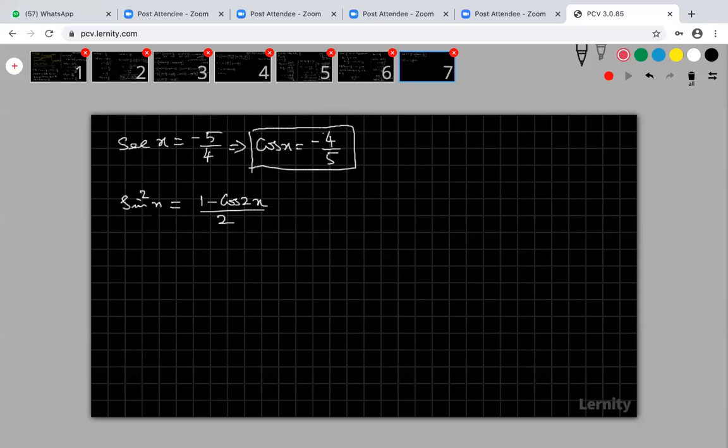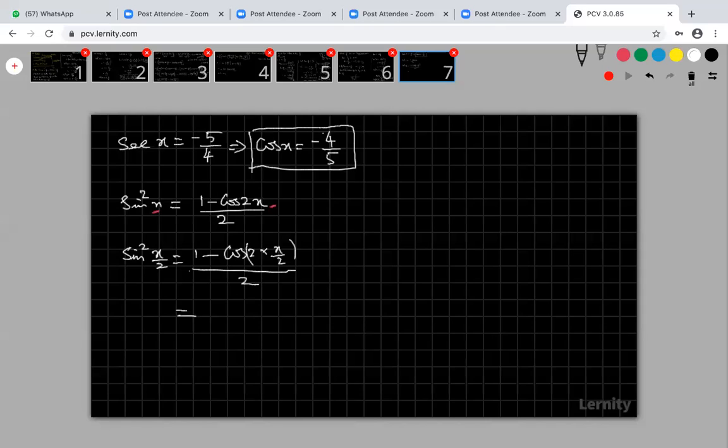Okay, if you take x by 2, what happens? Suppose I am taking x by 2. Sin square x by 2 is equal to 1 minus cos of 2 into x by 2, the whole divided by 2. Therefore, bring this 2 to the left hand side. This is 2 sin square x by 2 equal to 1 minus cos x. Right?